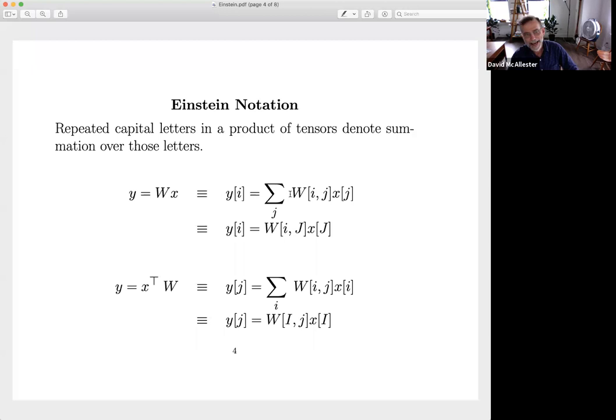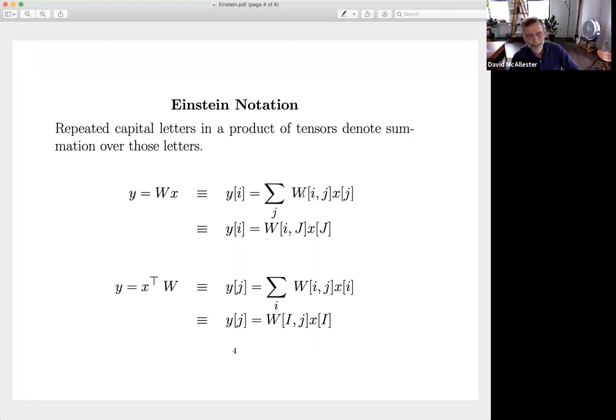Now, if we write that out in a summation, what this exactly means is that the ith component of y is a sum over j of this product, W_ij times x_j. You take a particular entry out of this matrix and multiply by the corresponding entry in the vector x. So each entry in y is a weighted combination of the entries in x.